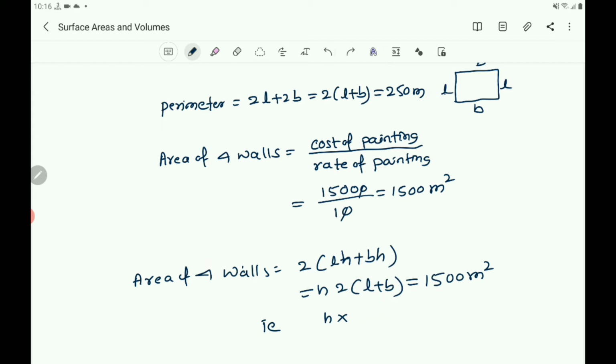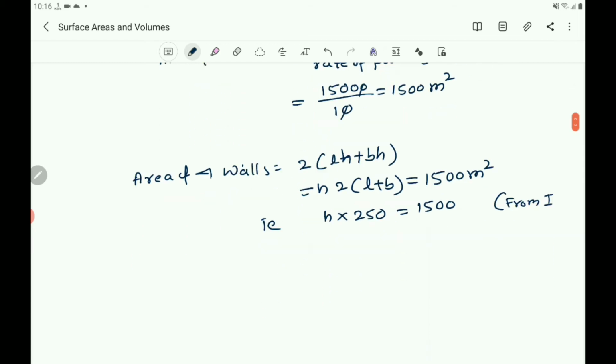That is the perimeter, it is 250. If you consider this as first, H into 250 equals 1500. So 2 into (L plus B) is 250 here. Then H equals what? 1500 by 250. So you got 0 cancels.